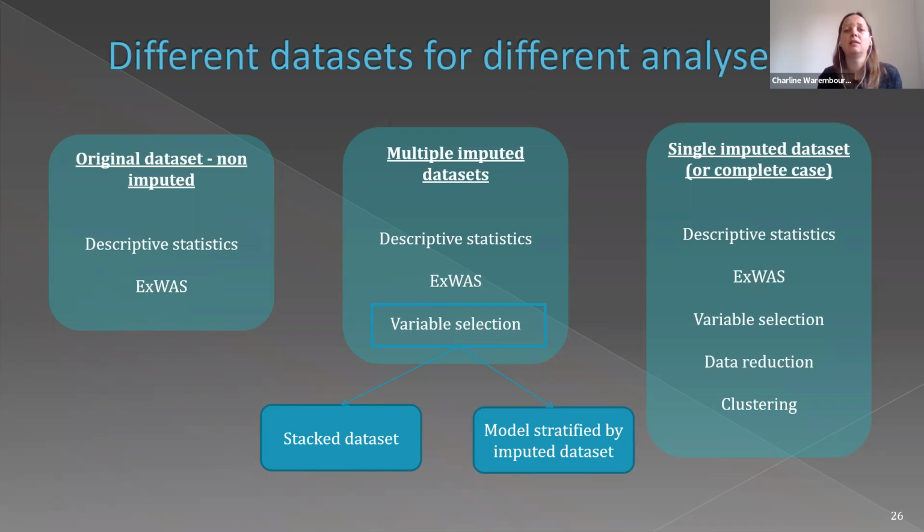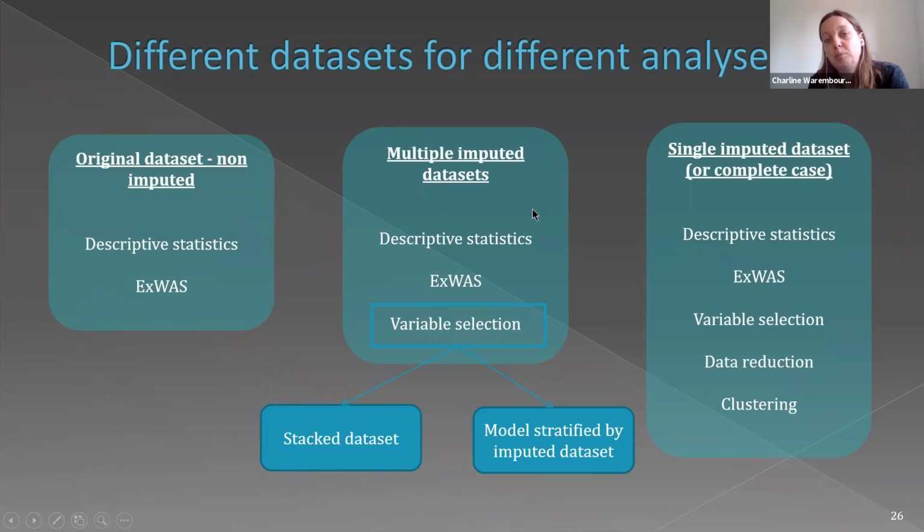And concerning the data sets that you can use to explore exposome-health outcome association, there are different types. You can use the original data set, so before imputation, to make some descriptive statistics, but you can also perform an ExWAS analysis before imputation.